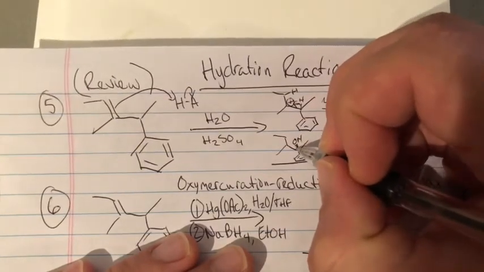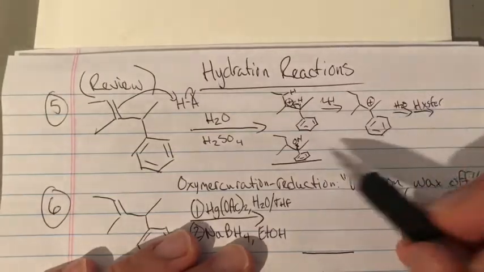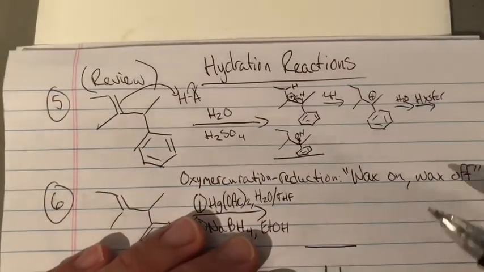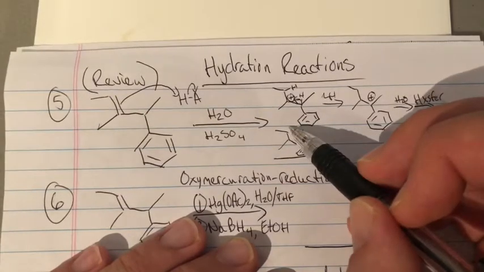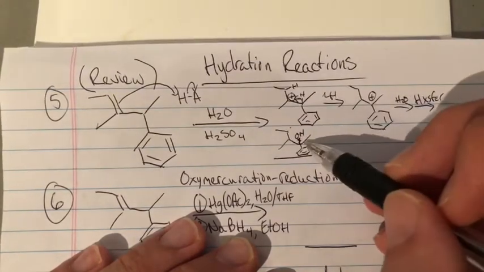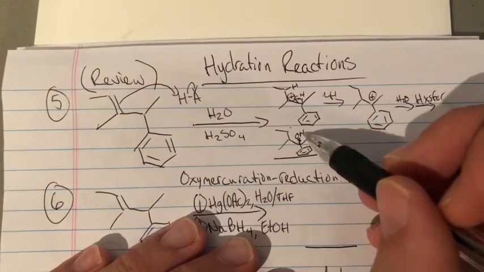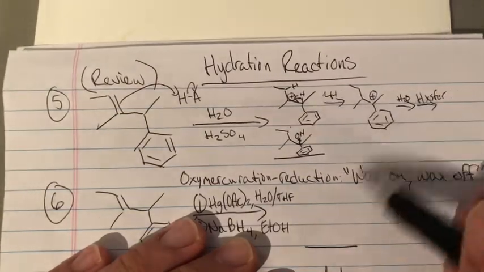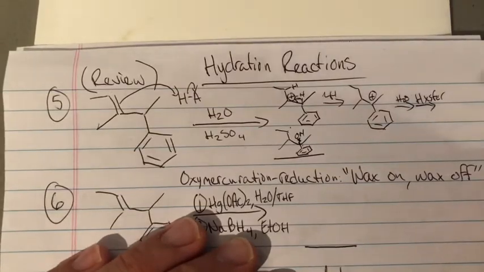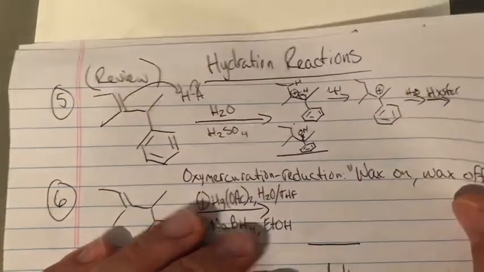Okay, so you're going to have an RS mixture of this alcohol that has been formed. So the hydrogen first got onto this carbon, and then this OH got onto this carbon, eventually after hydride shift, etc. Okay, so you're going to have a racemic mixture of products here.